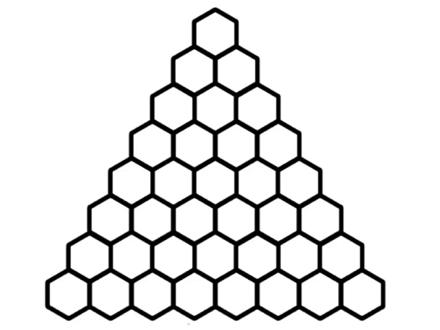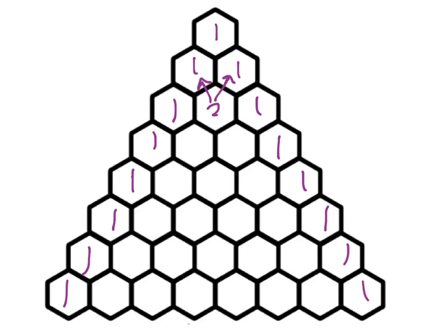To fill it all out, you start with the ones at the top, and then there are ones going down the sides. You need to know that. Then to fill out the rest, you just add the two numbers right above it. So the number that goes in this spot is 2. Once you have a 2 there, you go 1 plus 2, and that's 3. And this would be 3. Then 1 plus 3 is 4. 3 plus 3 is 6.